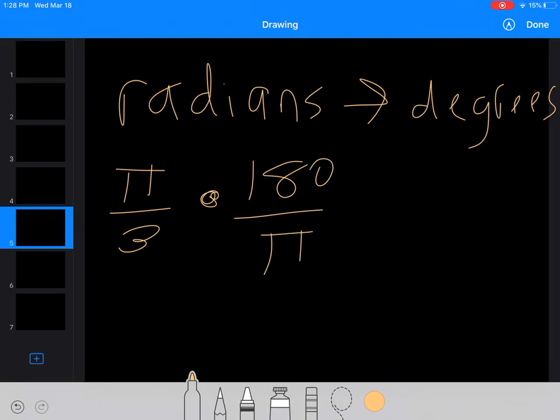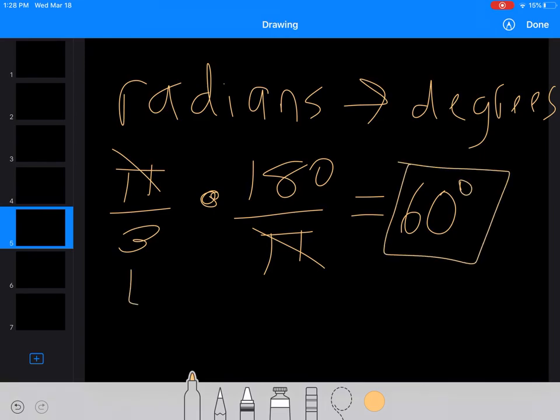And if you notice here, the reason why you multiply by 180 over pi is the pi's will cancel. And you get 180 over 3, which is just going to be 60 degrees. So pi over 3 radians is the same thing as 60 degrees.